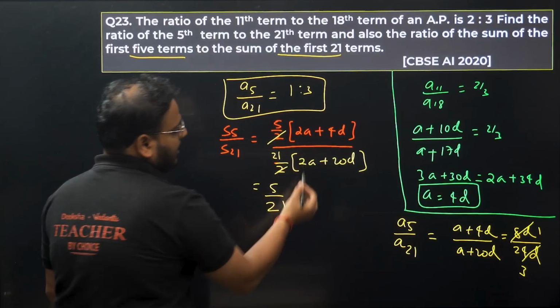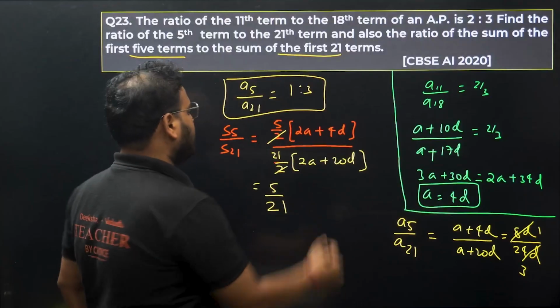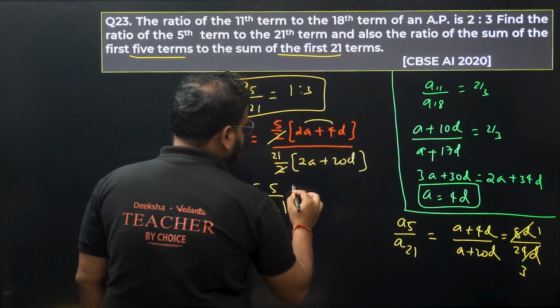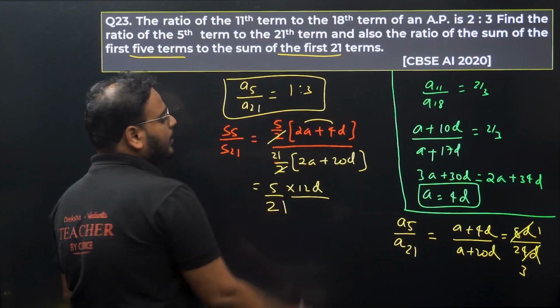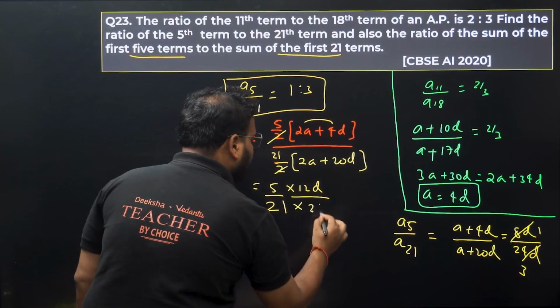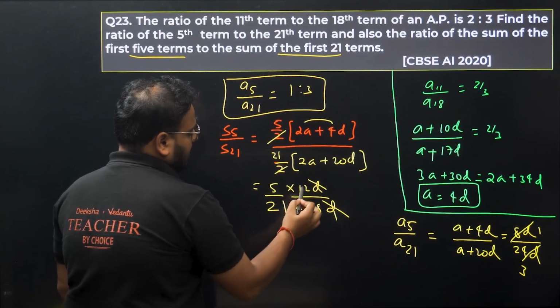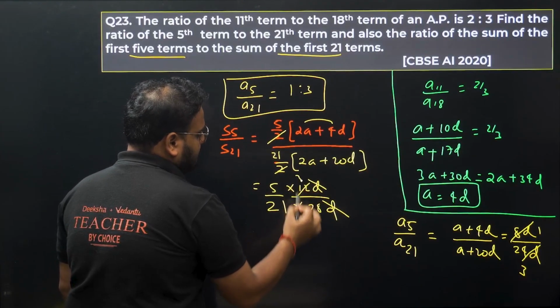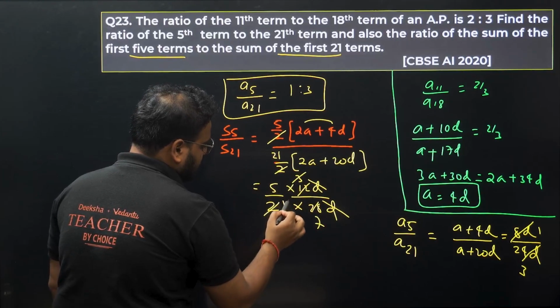Numerator: 2 into a. a is 4d, so 2 into a is 8d. 8d plus 4d becomes 12d over here. 2 into a is again 8d, plus 20d will become 28d. Cross check. d and d are cancelled. 4 threes are 12 and 4 sevens are 28. I get 3 sevens are 21. This also is cancelled.